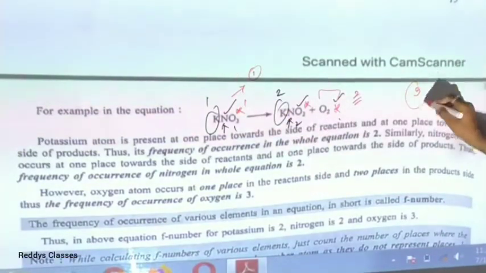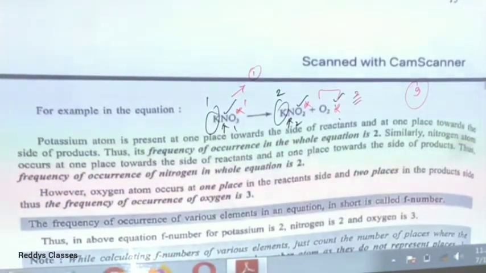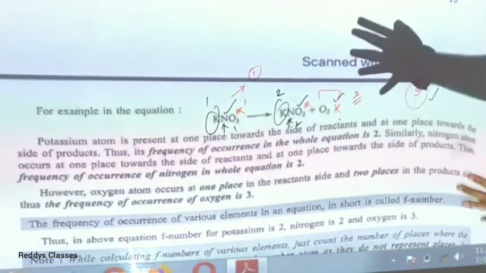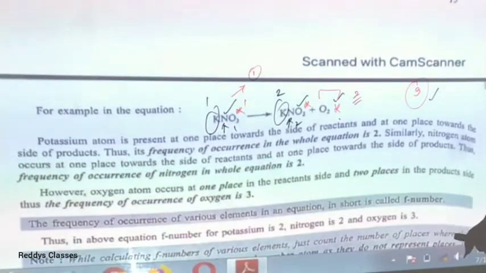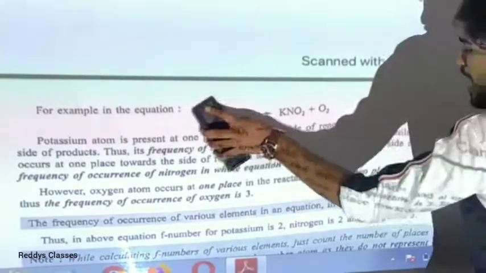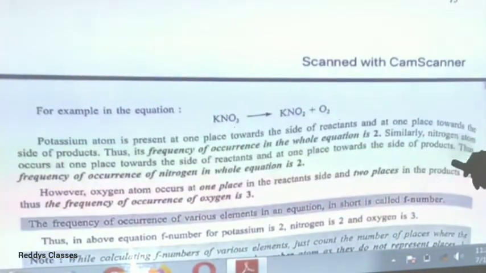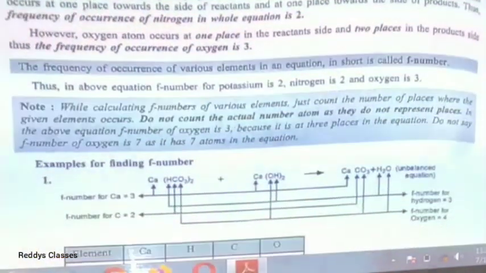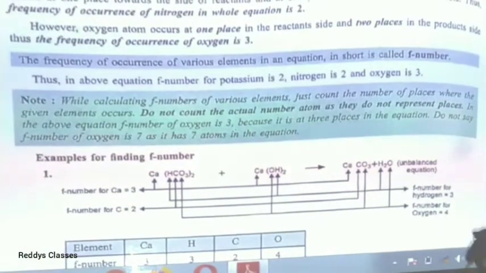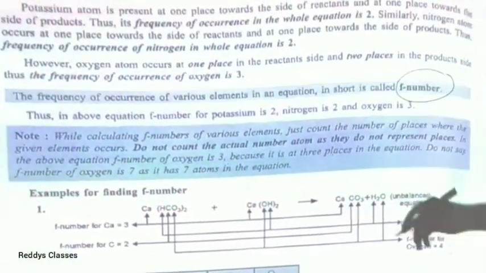In total we have the occurrence of oxygen atom as 3. Therefore the frequency of oxygen is 3, nitrogen is 2, potassium is 2. So what do we mean by frequency of occurrence? It is denoted by F number. The frequency of occurrence of various elements in an equation is, in short, known as F number.